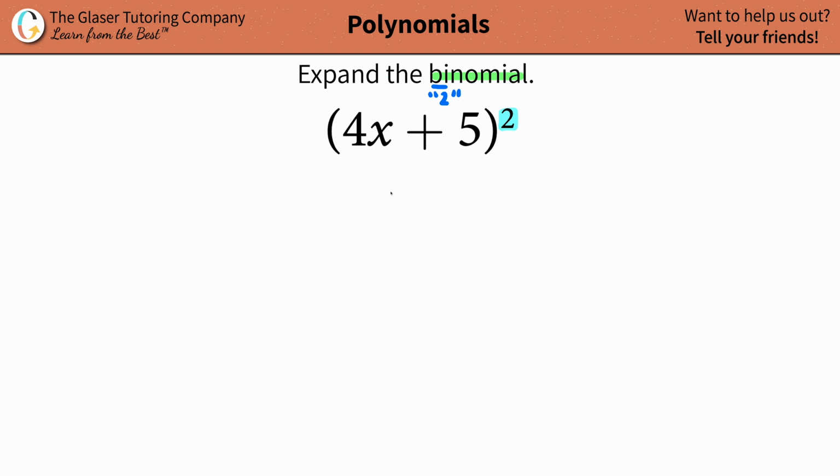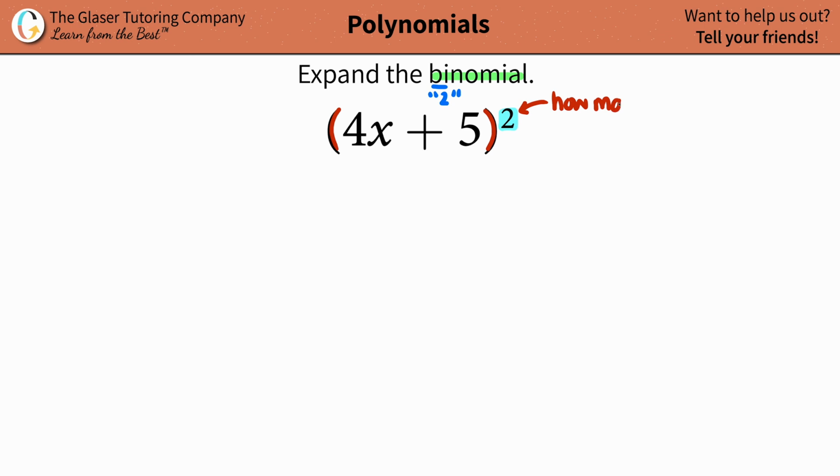Well, what does that actually mean? Expand means that we just have to write this in a bigger way. If you're going to expand something, you're going to make it bigger. Now, the question that I always ask is, how many 4x plus 5s do you have? This binomial is in parentheses, and the exponent is telling you how many you have.